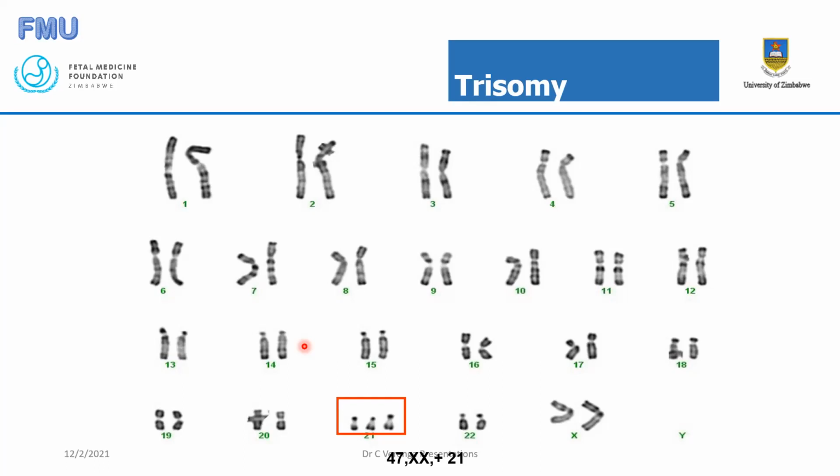That's the reason whatever abnormality you pick should always be confirmed by culture. If there is mosaicism at the level of the mesenchyme, then amniocentesis has to be done to make sure that the mosaicism that you saw is also in the fetal fibroblasts, which are in the amniotic fluid.